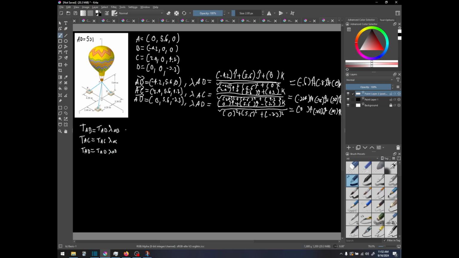All this would equal is all the vectors we just had here with a variable T in the front. So to write all that out, T_AB, T_AC, T_AD.